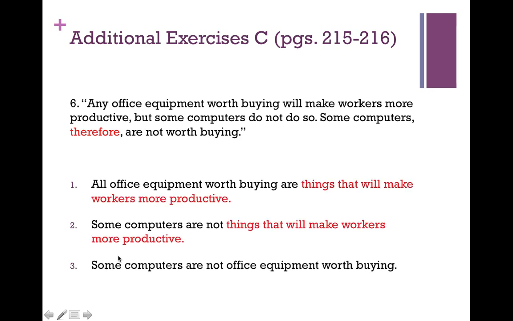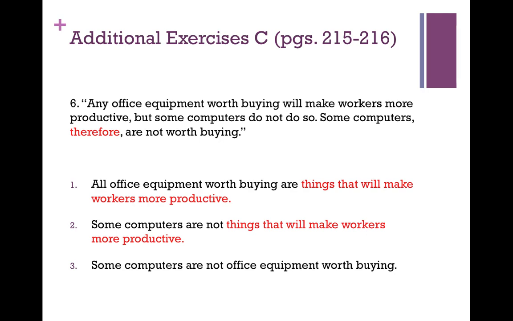The figure is going to be figure 2. Notice that things that will make workers more productive is the middle term. It's in the predicate term in the first premise. It's in the predicate term in the minor premise. So this is going to be A, O, O, 2.